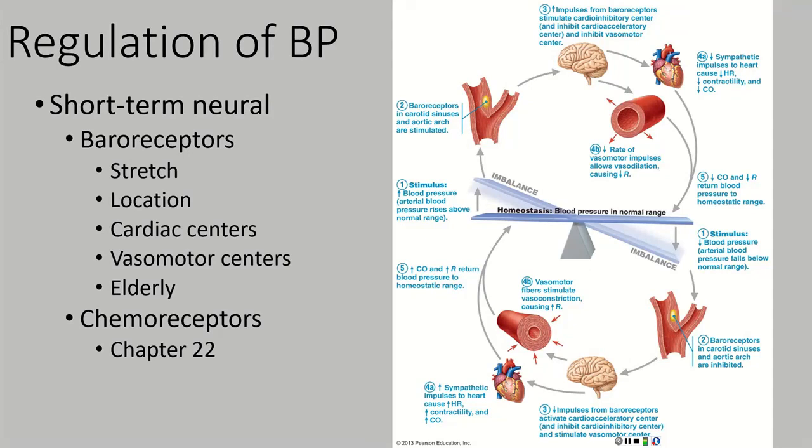But let's think way back to Bio 137. How do nerves communicate with the brain? Action potentials. And how did they convey one type of information versus another?